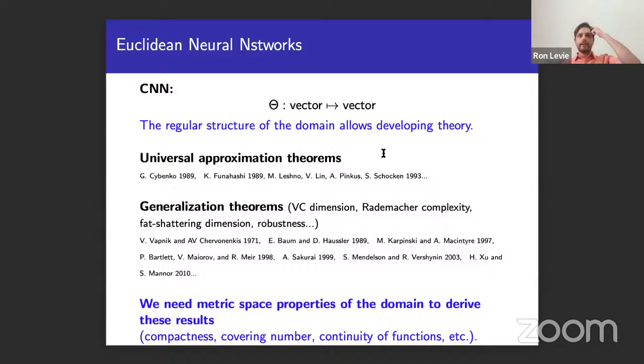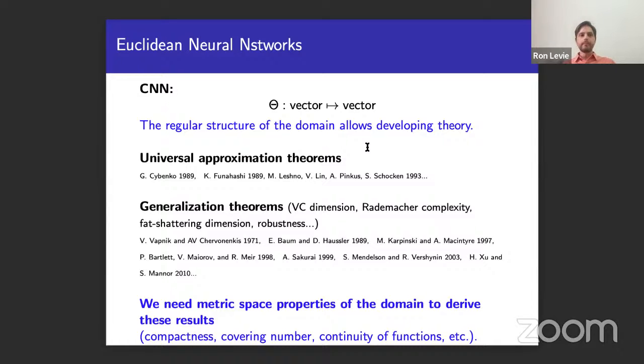The fact that the domain is regular, with the Euclidean metric, allows us to derive various theoretical results like universal approximation theorems, which tell us that any continuous function can be approximated by a neural network, and generalization theorems, which tell us that if we have a training set and we train the network, we are guaranteed that the statistical risk is close to the empirical risk.